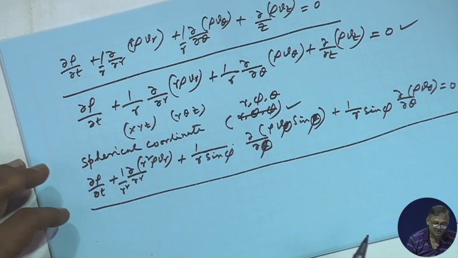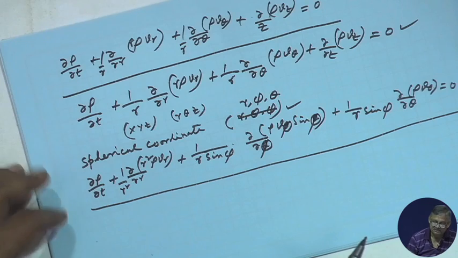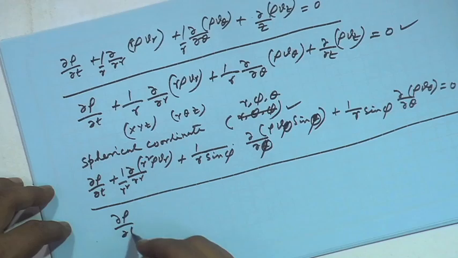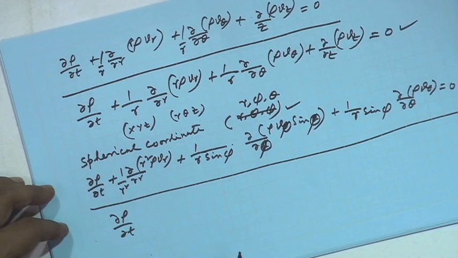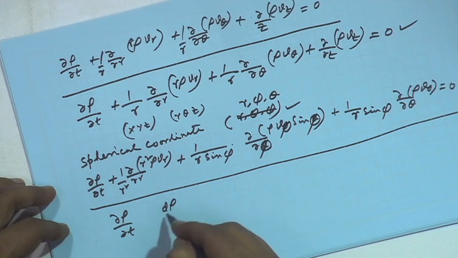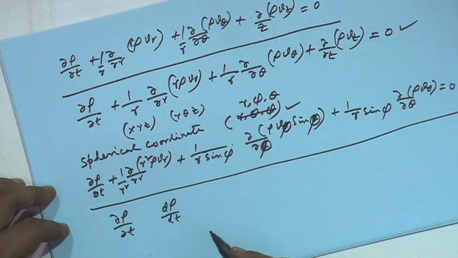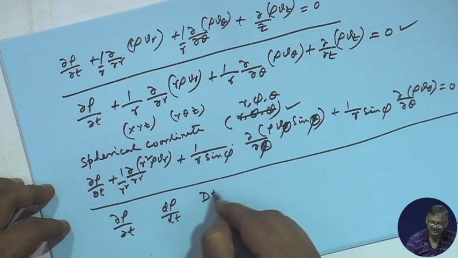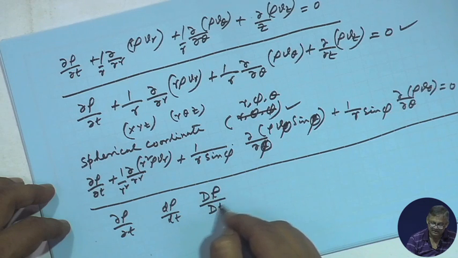So, we have already seen the partial derivative, that was del rho del t, then the total time derivative, that was d rho dt, and we also had shown that the substantial time derivative was capital D rho Dt, right.